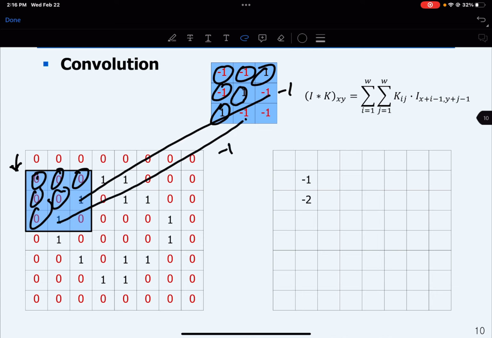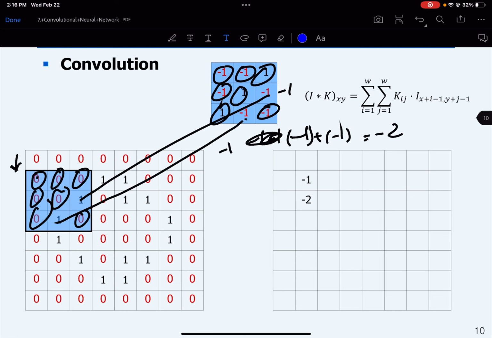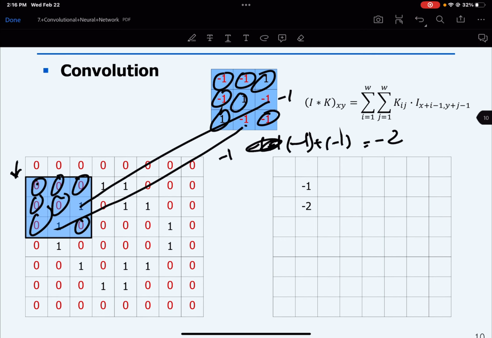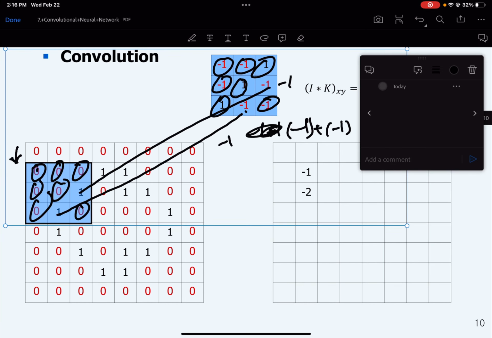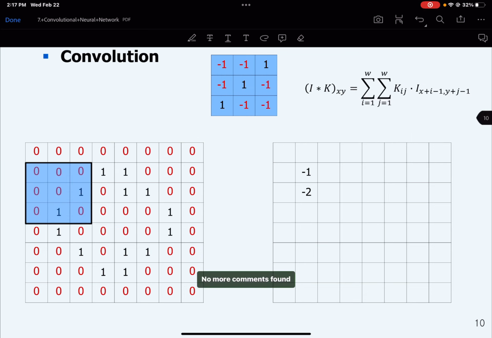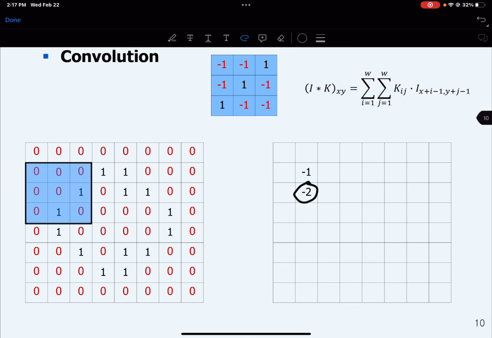This becomes -1, and this becomes 0. So the sum total is -1 plus -1. It is -2, and we place the value at the center of the window. So this is now the value for 1 pixel slide, and then we calculate like this.